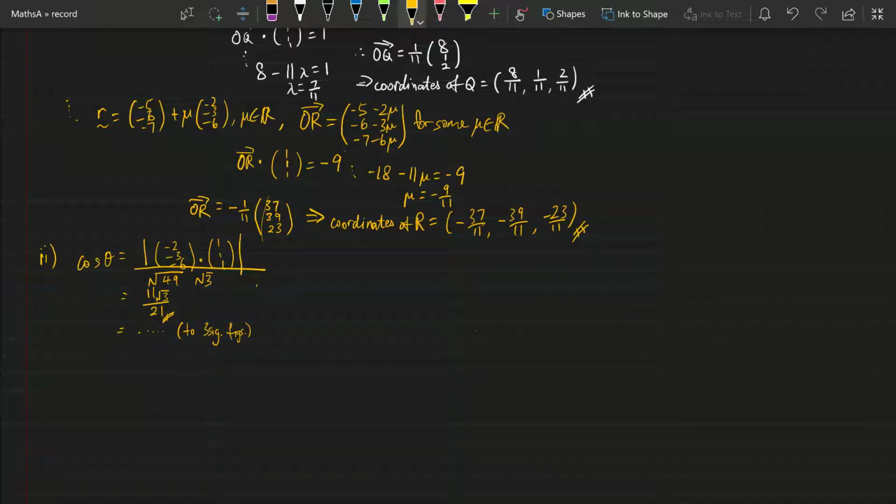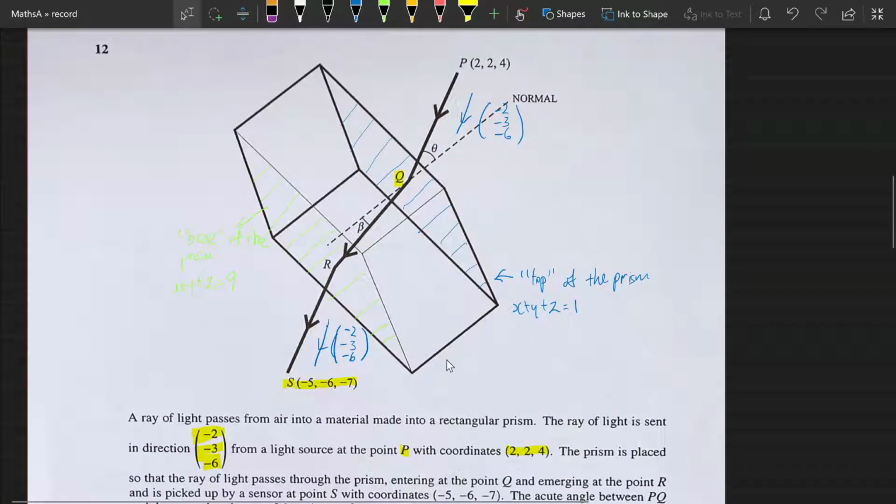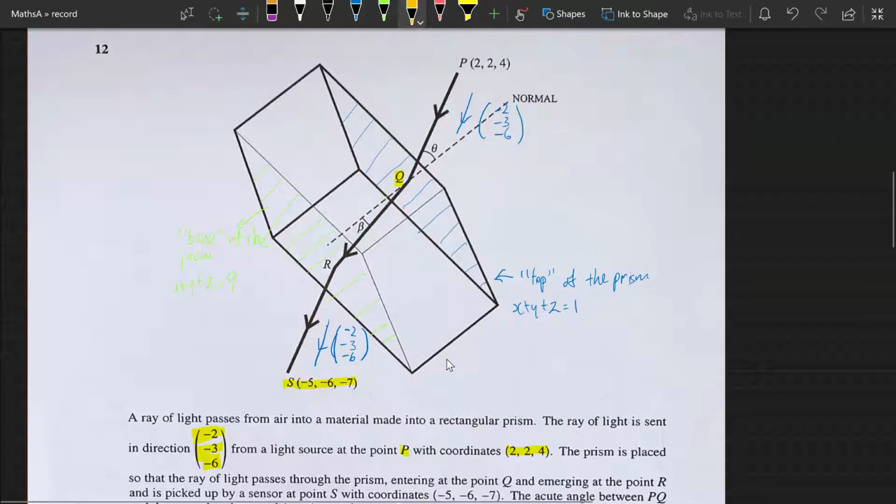So the next part, we want to find cosine beta. It's the same process. Beta is between this vector and this vector, QR, which is pointing like that.